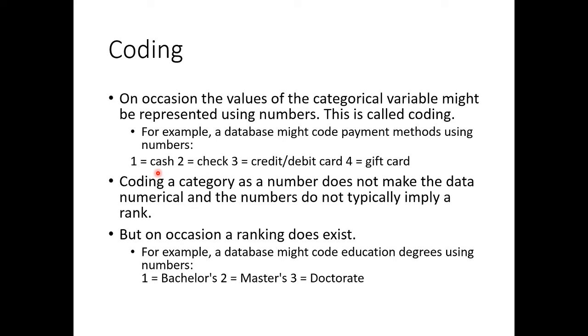But in coding, you can assign the number 1 for cash, 2 for check, 3 for credit card and debit card, 4 for gift card. In this case, this data has numbers instead of words, but it is still categorical data because these numbers represent the verbal information.